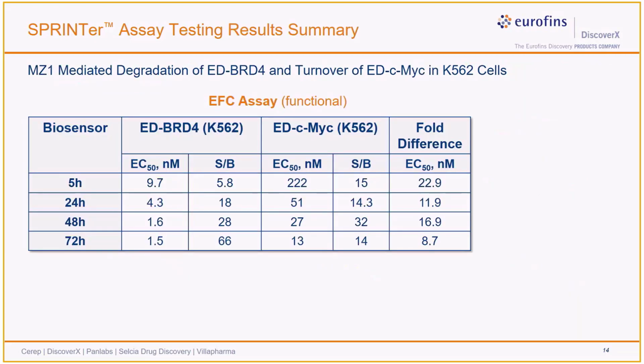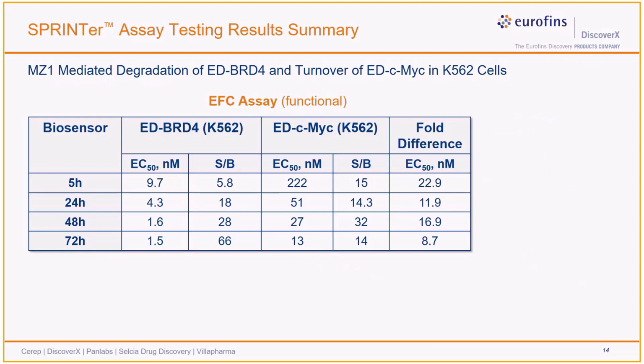This table summarizes MZ1's BRD4 on-target potency and c-MYC downstream target potencies. The optimal incubation time for the BRD4 biosensor is between 5 to 24 hours. Longer incubation time doesn't significantly increase its potency.